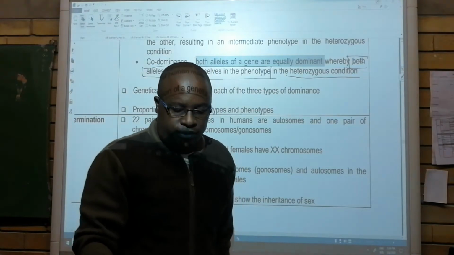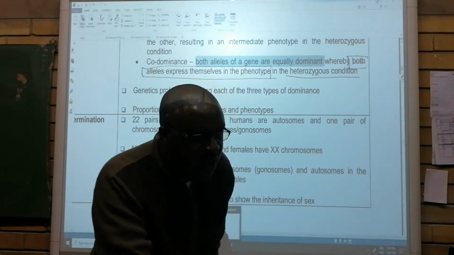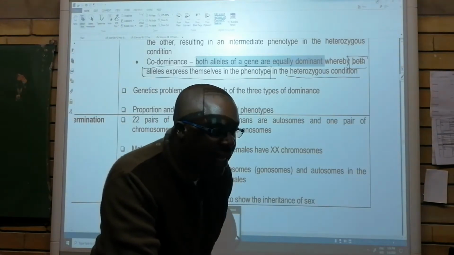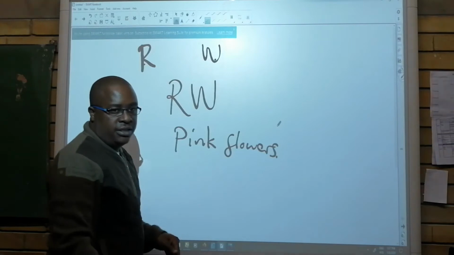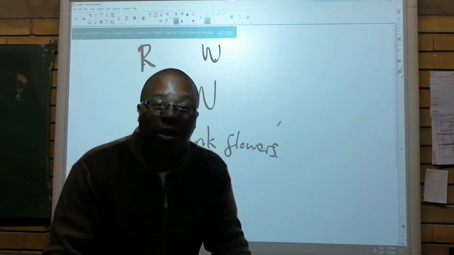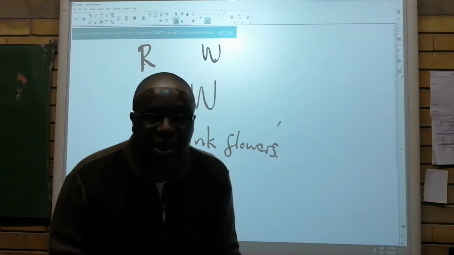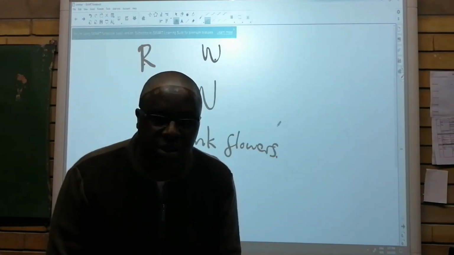Now listen to this. If, I said if, it's not the case. I'm just giving you this so that you understand where we're coming from. Snapdragon flowers exhibit incomplete dominance.